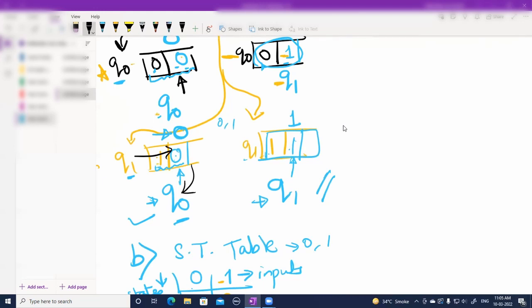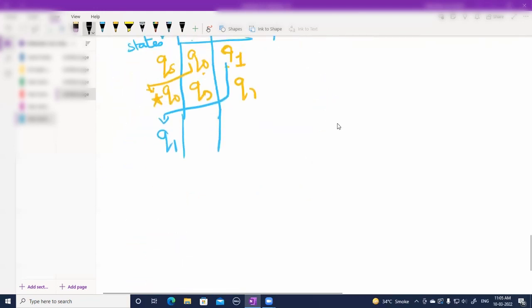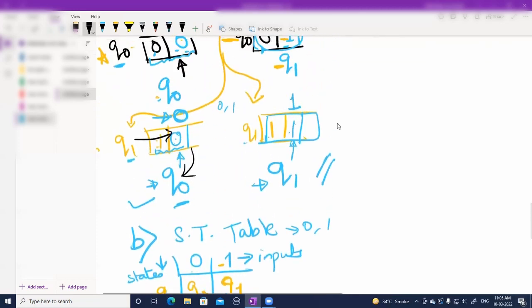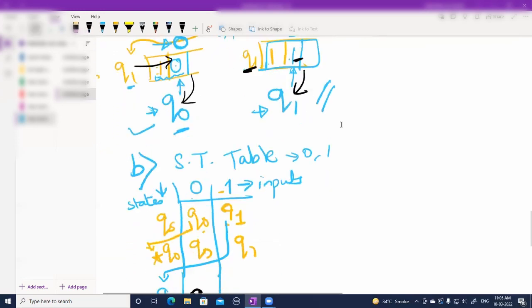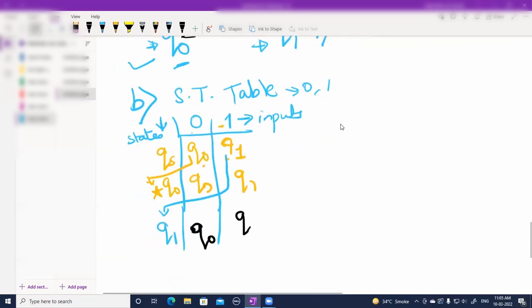It is going to Q0. So we'll write Q1 on 0 goes to Q0. Then we have Q1 on 1. Q1 on 1 goes to the Q1 state, so we'll write that here.